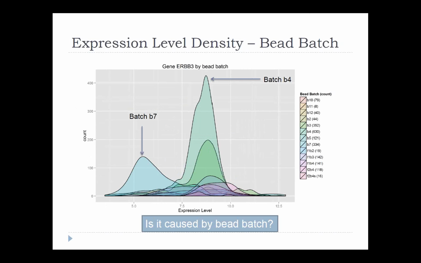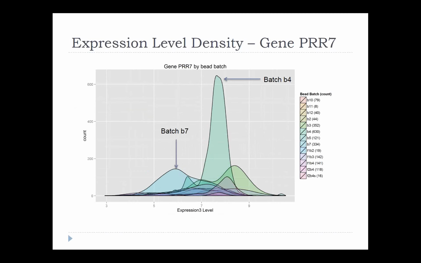Well, there's something different. The offered explanation, I think, is that there is something different with this bead batch B7, that perhaps the probe used on this particular bead batch works slightly differently than the other ones. Would that be specific then for ERBB3? That's my guess, but we can. No. This is another gene that I looked at.